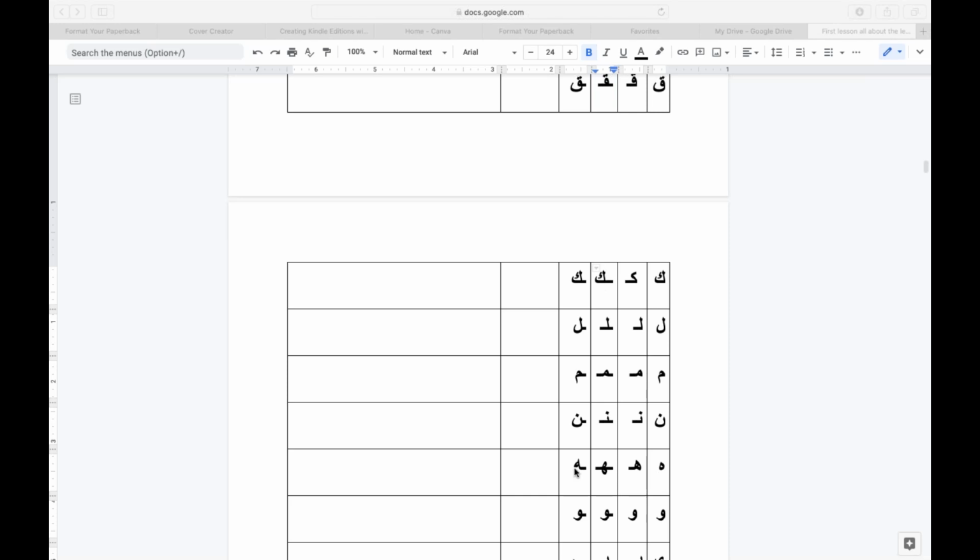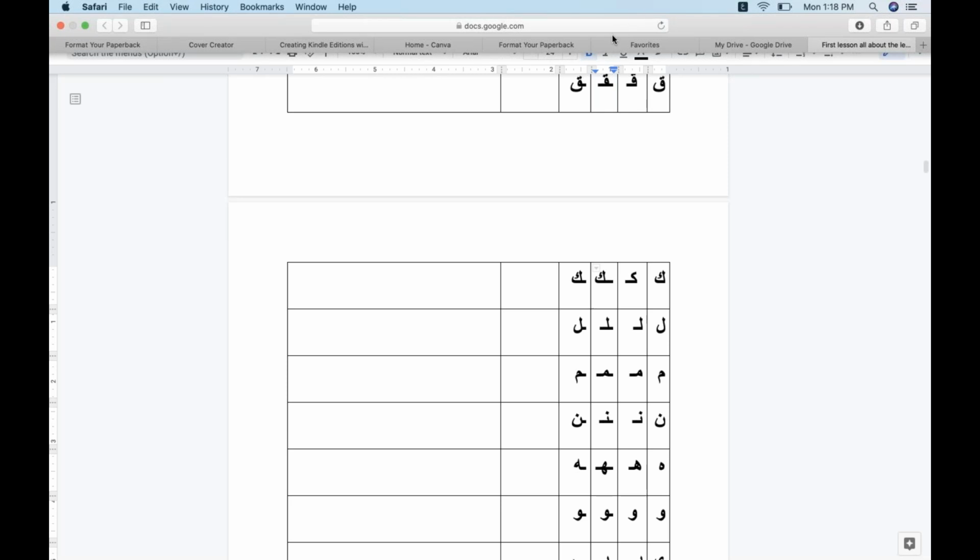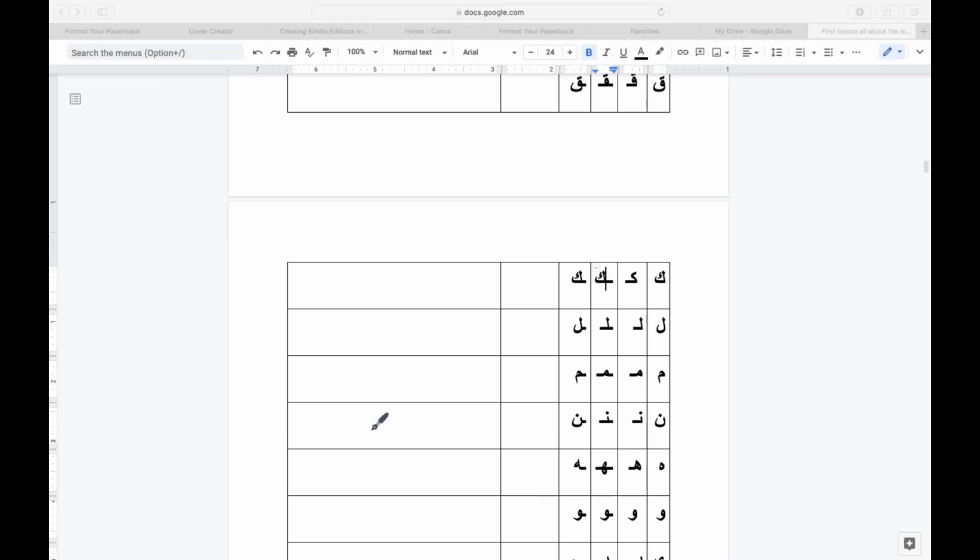This is by itself, like when we say هذه. Okay, let me have my pen. So ha, if we say the word هذه, this is for singular female. Okay, so this is ha at the beginning and this is ha at the end. If we say hudhud, this is a type of bird.